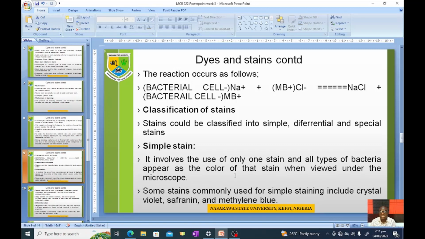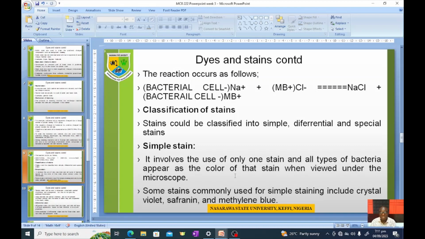Now, classification of stains. Stains could be classified into simple, differential, and special stains. Most, if not all, stains fall into any of these. We'll consider them briefly, one after the other.